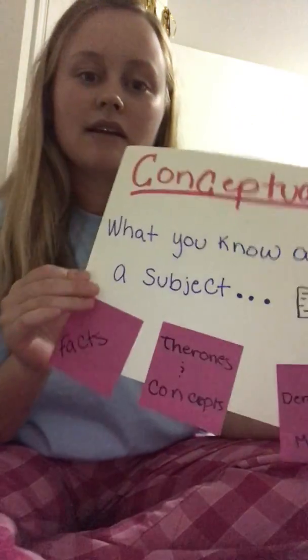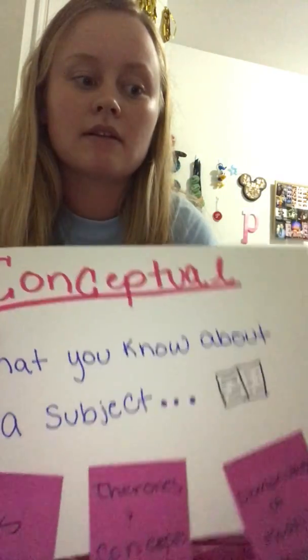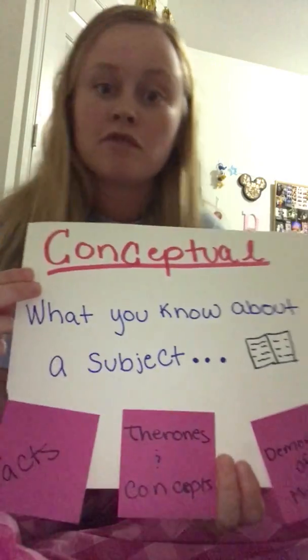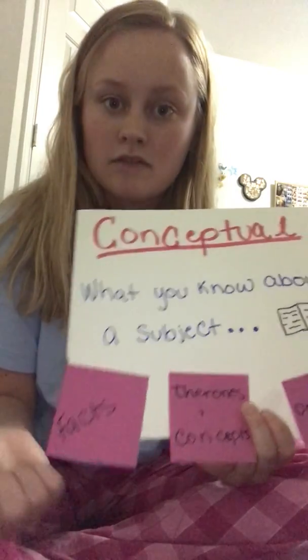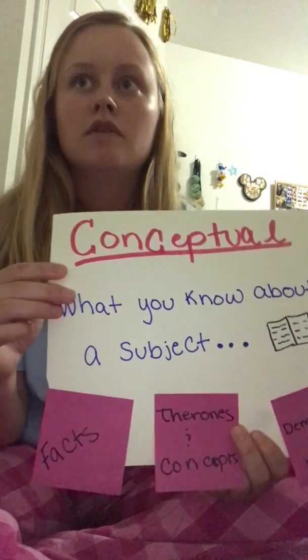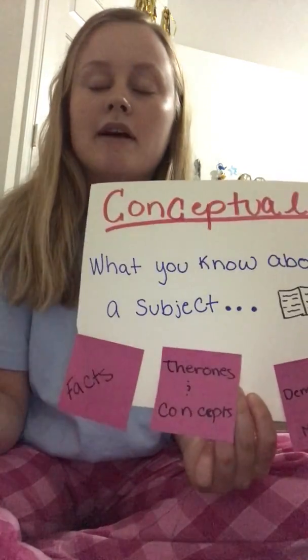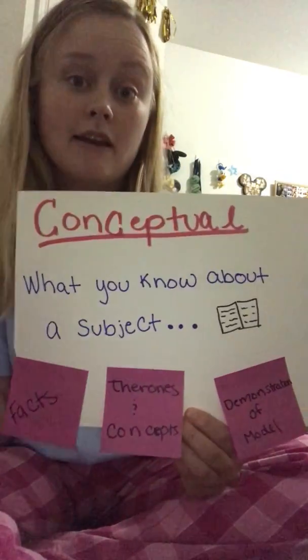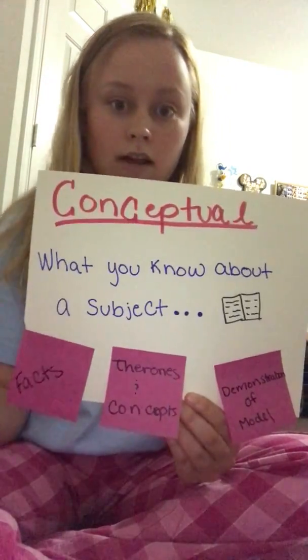So the first knowledge is conceptual knowledge. This is what I drew. Conceptual knowledge is what you know about a subject. So it's what you've learned and what you've memorized. Such as, do you have these facts memorized? You might have a fact memorized that a negative plus a negative is a positive, and that's a fact that you've learned in class.